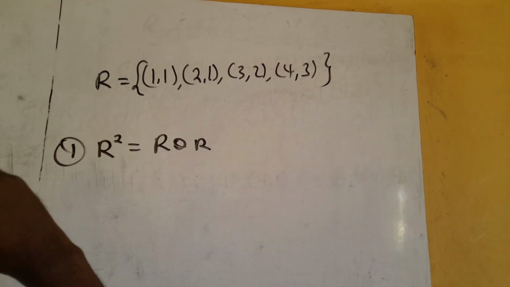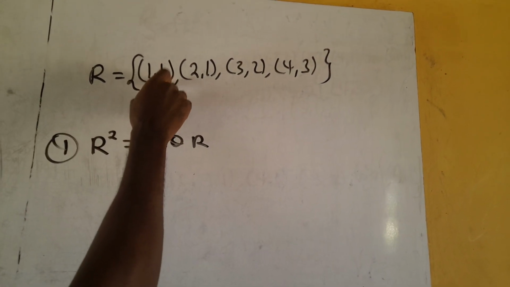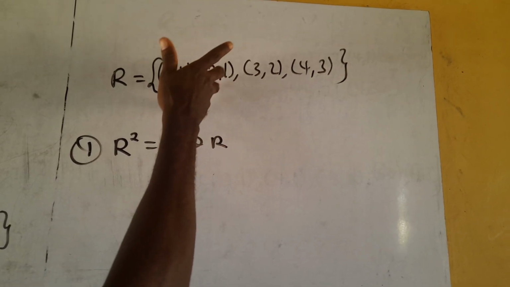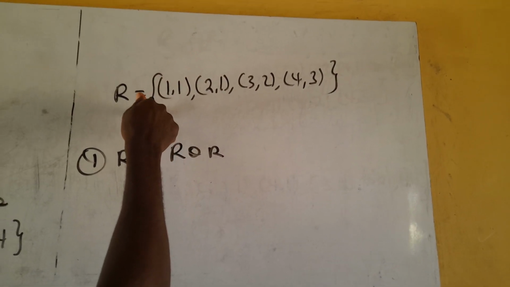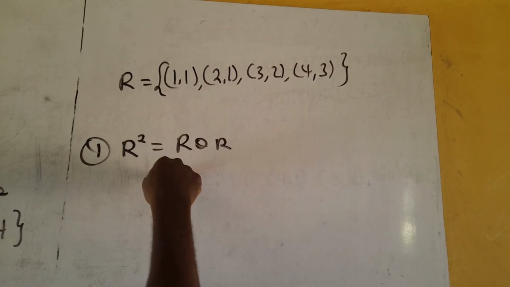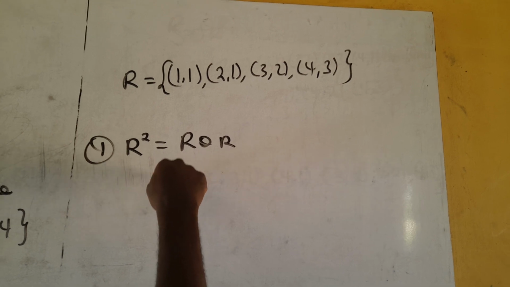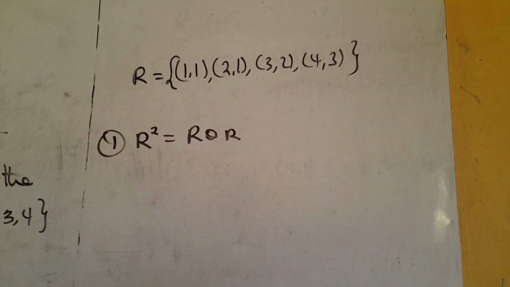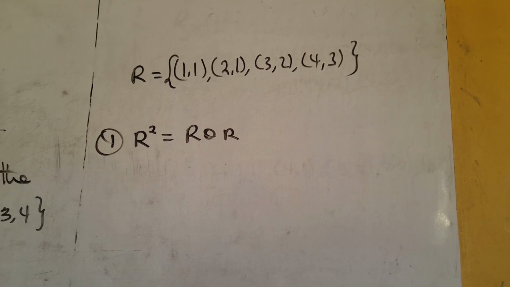It means that we are going to match all the ordered pairs against each other. If the second of the first pair corresponds with the first of the second pair, then the first of the first pair relates to the second of the second pair. So that's how we are going to do it.